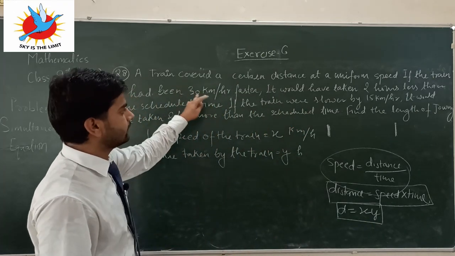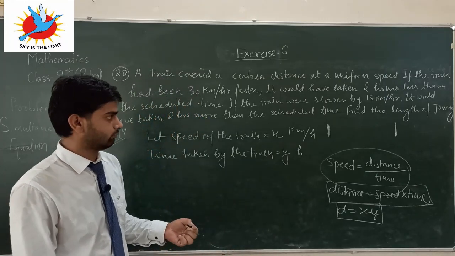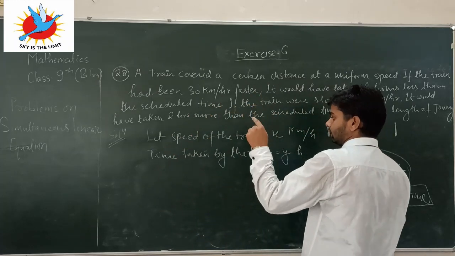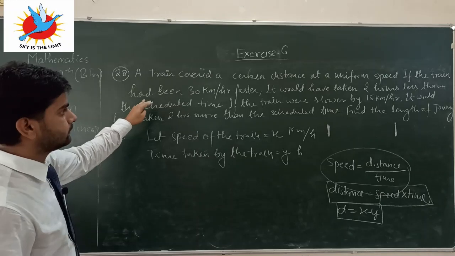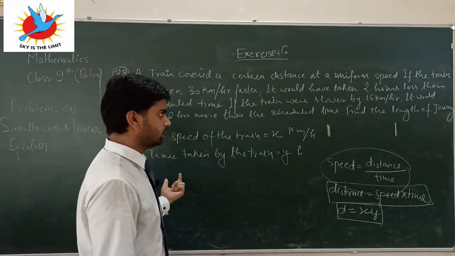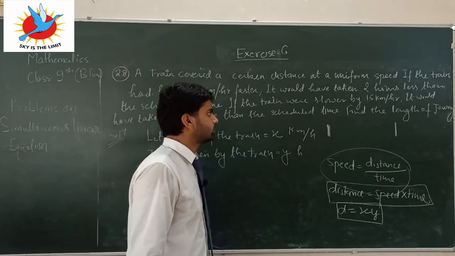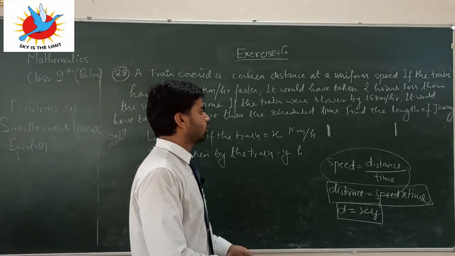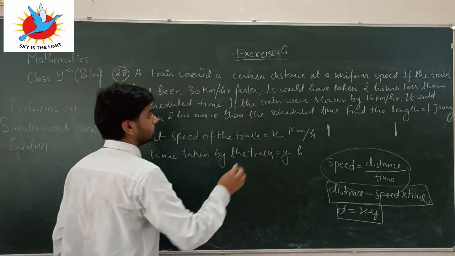For both conditions, one thing is not changing, and that is the distance. In condition 1, speed is increased by 30 and time is reduced by 2 hours. In condition 2, speed is decreased by 15 and time is increased by 2 hours. Distance is not changing. So we are going to use this formula for both conditions.